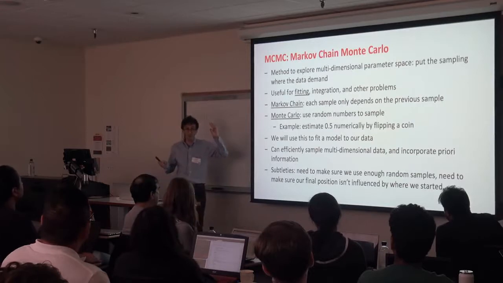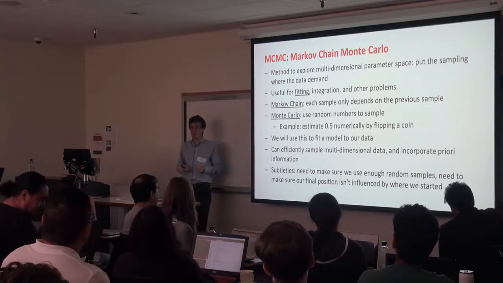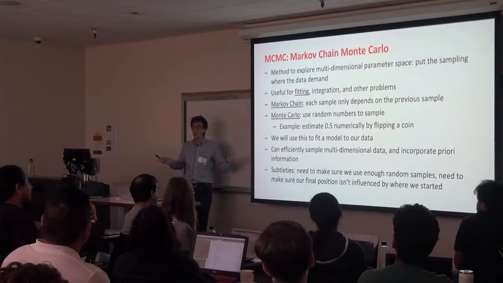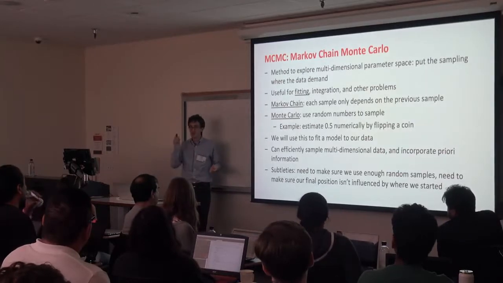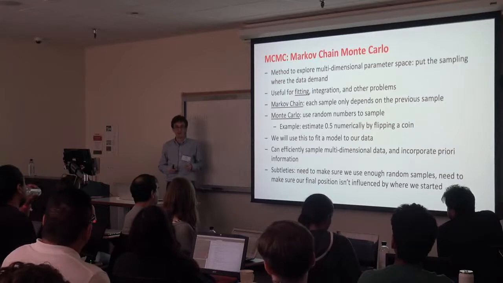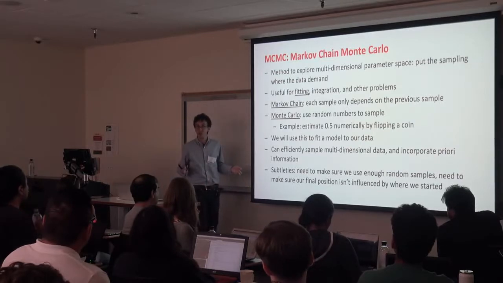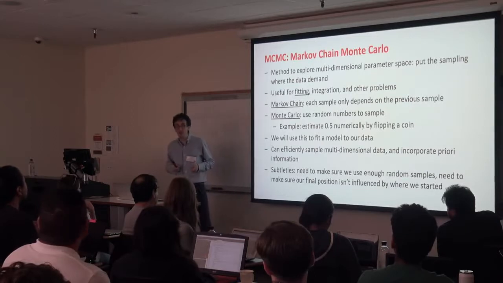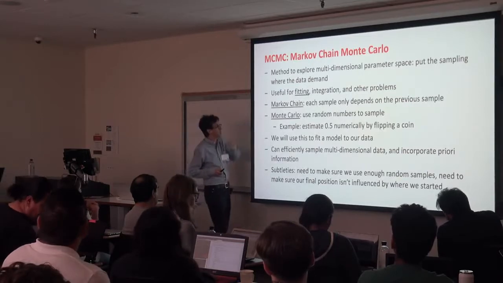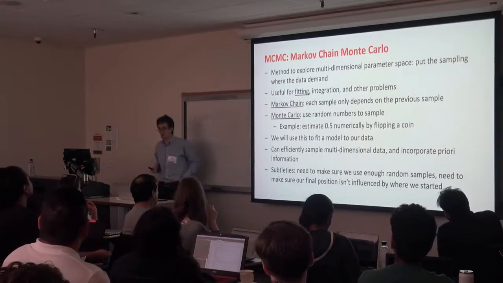Clearly, the more times I flip it, the closer I'll come to half. You can do other Monte Carlo experiments, right? We can draw a circle, throw darts at it, and use the number of darts inside and outside the circle to estimate the value of pi. Those are 2 pretty simple Monte Carlo things. You combine these 2, and you end up with a very powerful way to explore data.